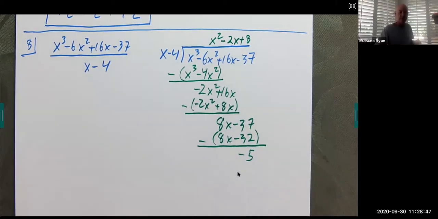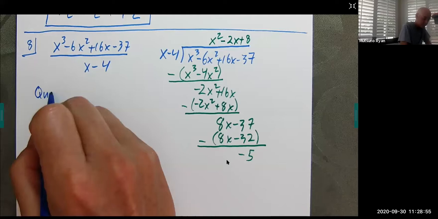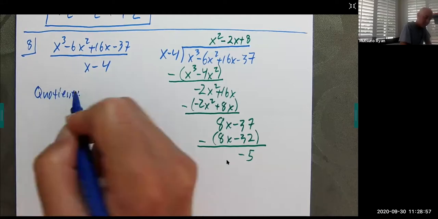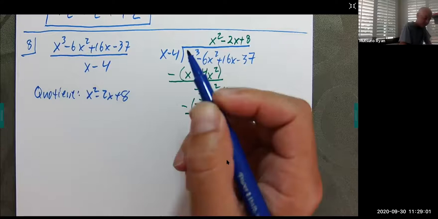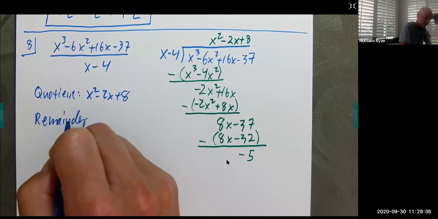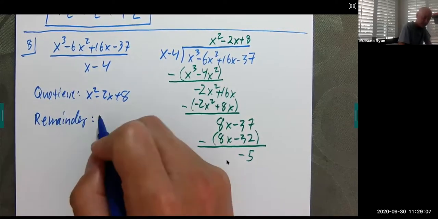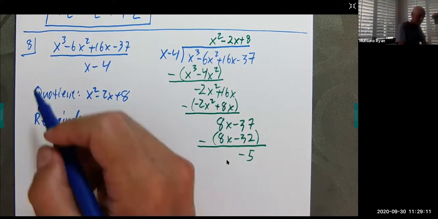So this tells me that the quotient is x squared minus 2x plus 8, and the remainder is negative 5. And these are your answers.